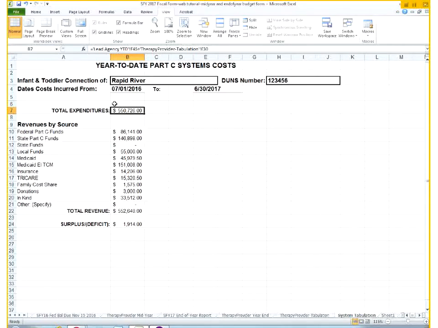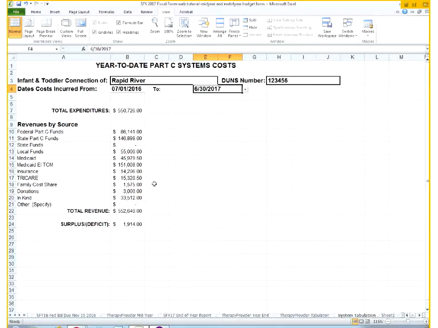So this total expenditures is the amount that your local system expended on services, and that includes the information that was shared from your therapy and contract providers. Again, you don't need to do anything on this page besides put in that end date. Everything else here is going to be pre-calculated for you. It's going to pull from those other spreadsheets that have already been completed.